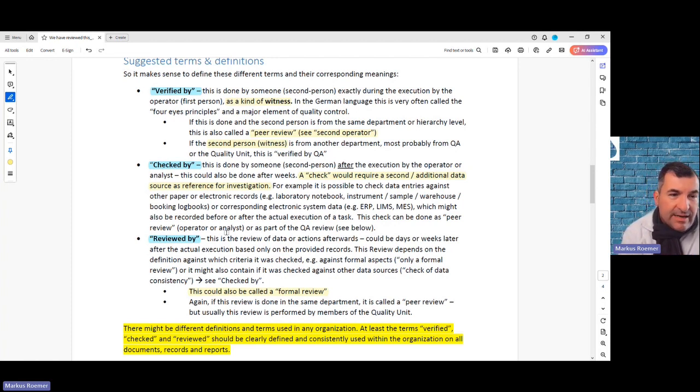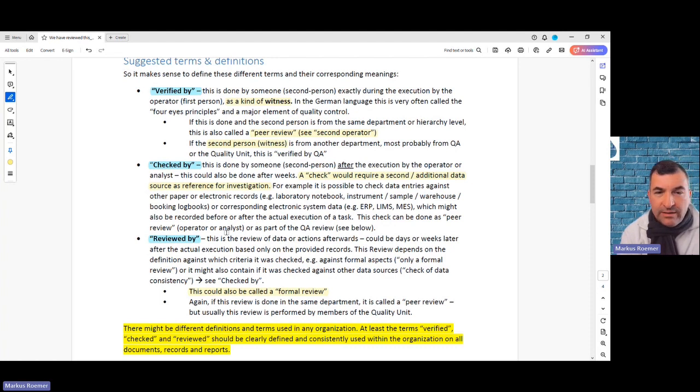But that is my proposal, what I suggest. Verified by: if I give that signature field in a form, then I want to have a second person being a witness during the execution, what we very often hear as the four eyes principle. You can even decide if that should be done by a peer review or a second person from another department.